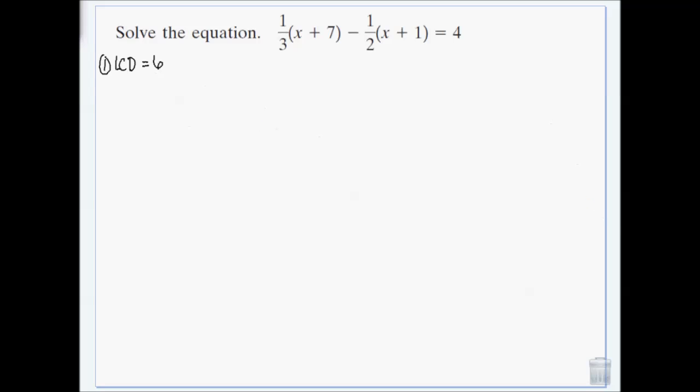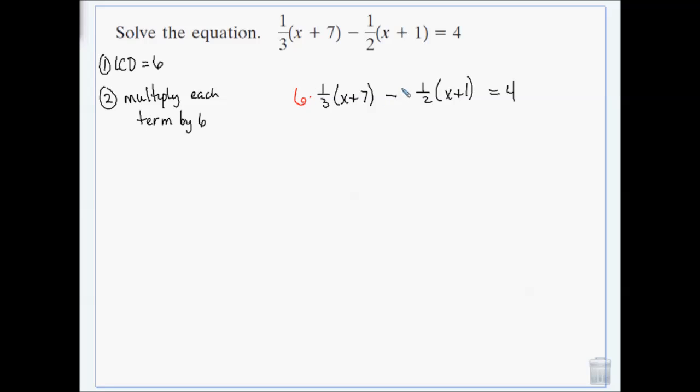Okay, so this is where it gets a little different. I'm going to multiply each term, like I said, but I don't multiply inside the parentheses by 6.